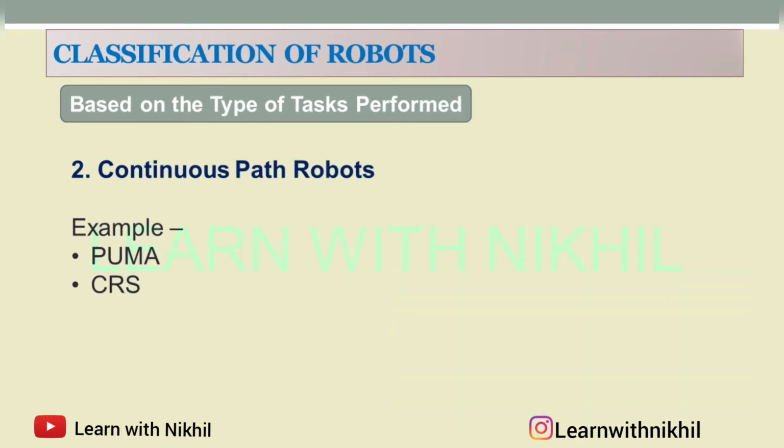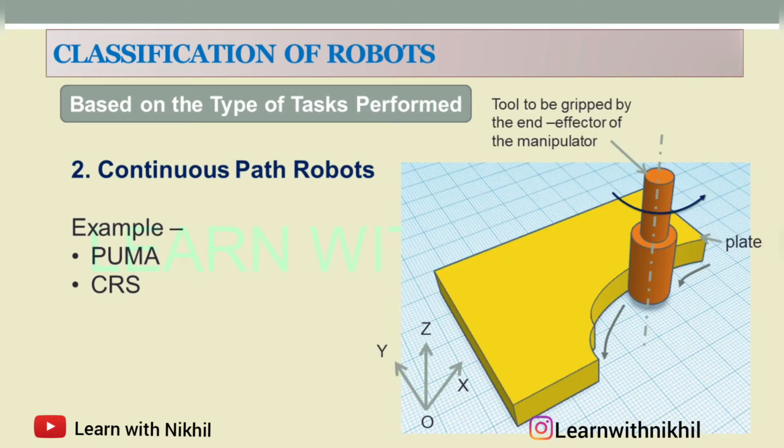Next is the continuous path robot. This is the example of a continuous path robot. This is again the end effector. The robot is gripped to this. This can be anything. So this is the plate, and this moves and cuts along a path.